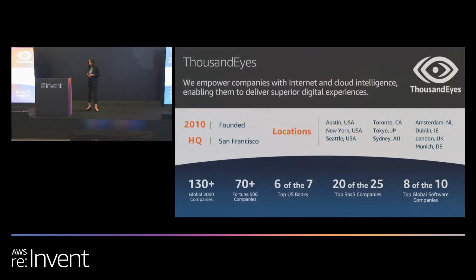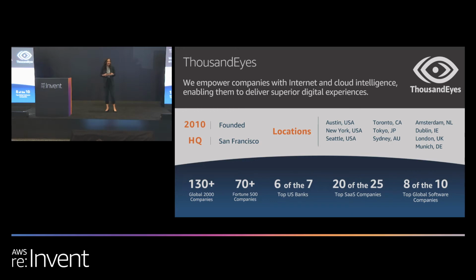For those of you who are a little less familiar with us, ThousandEyes is a cloud and internet intelligence monitoring company, and what we essentially do is help enterprises that are relying heavily on the internet or on cloud to manage their digital experiences.